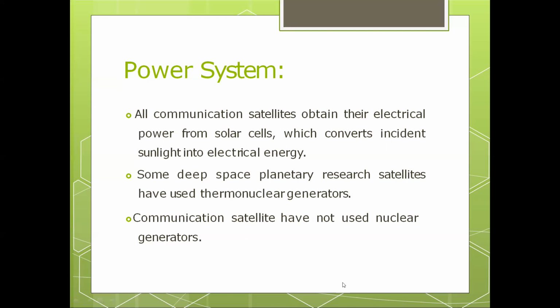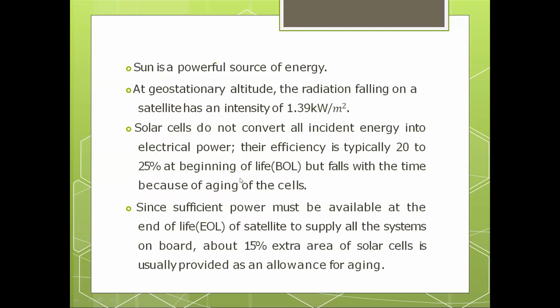Why? Because, as I mentioned in the next slide, as we know, the sun is a powerful source of energy. At our geostationary altitude, the radiation falling on this satellite is approximately 1.39 kilowatts per square meter.